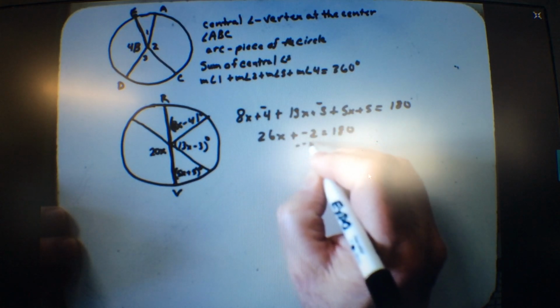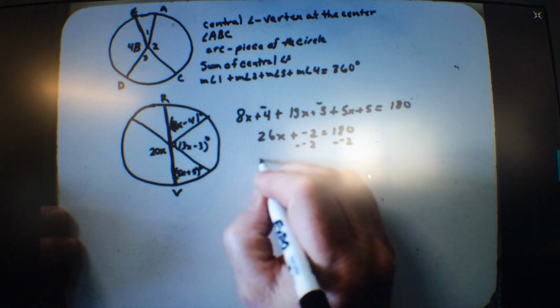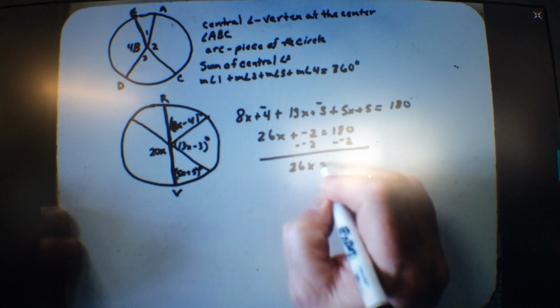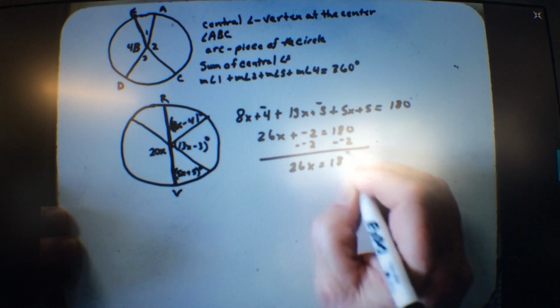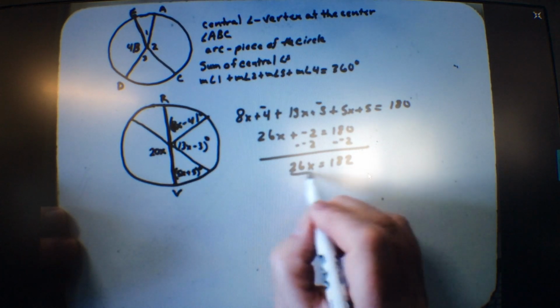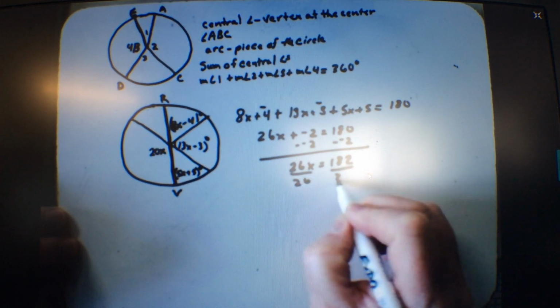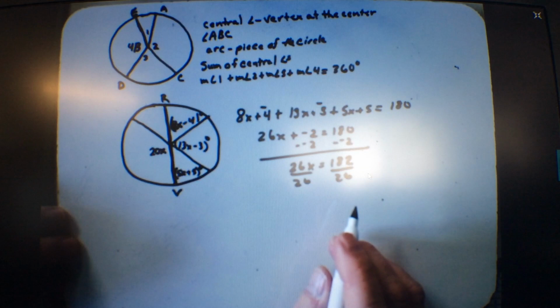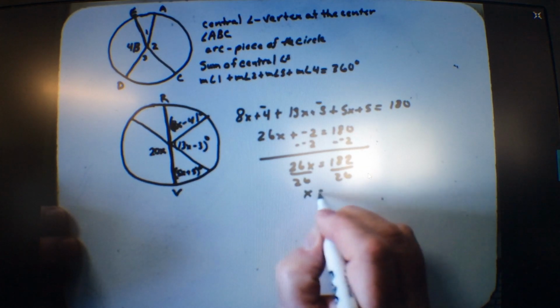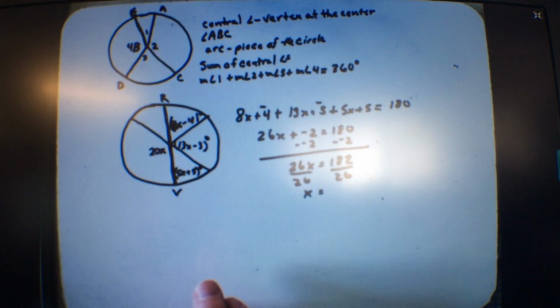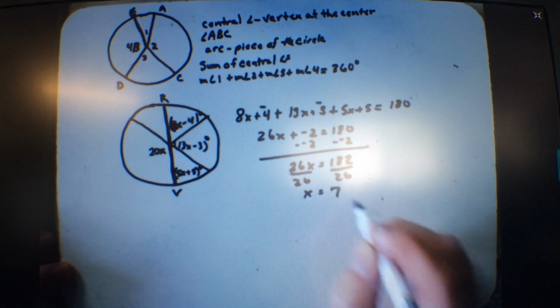I subtract a negative 2, I get 26x equals 182. And I divide by 26. I don't know if it comes out even, does it? X equals what? 7. It did come out even.